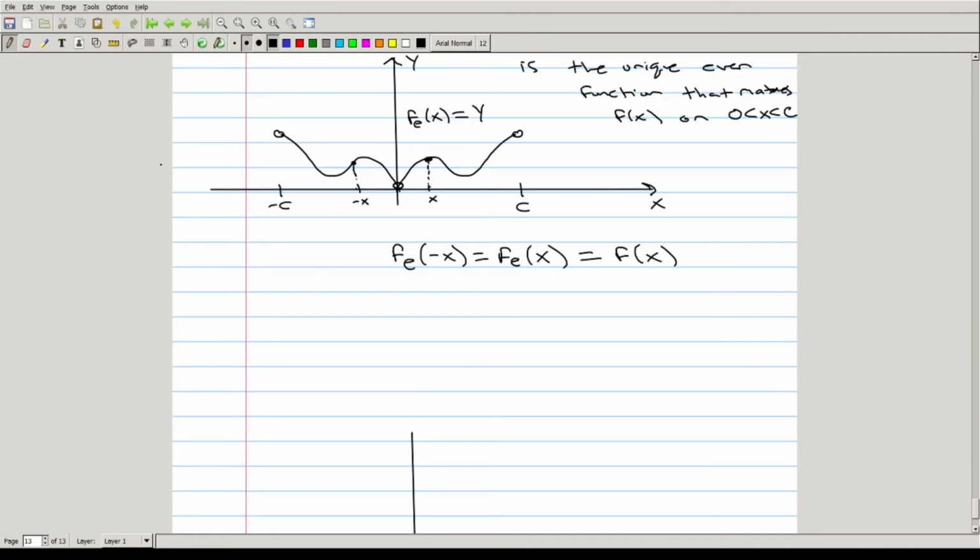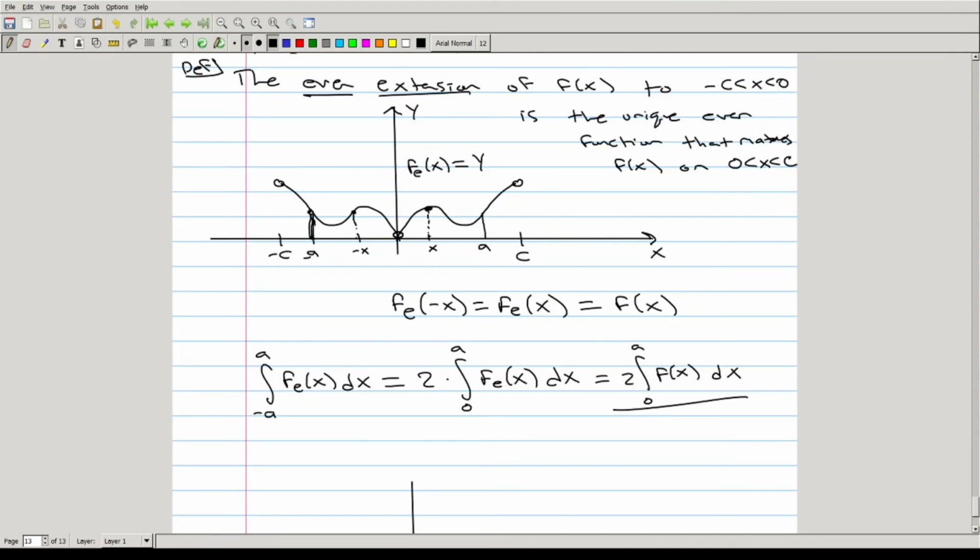And this has a number of different very important properties. For instance, if you're integrating, say, a function from negative a to positive a, the integral of an even function over a symmetric interval will always be 2 times the integral from 0 to a of this even function, which for us means it's going to be 2 times the integral from 0 to a of just f of x dx.